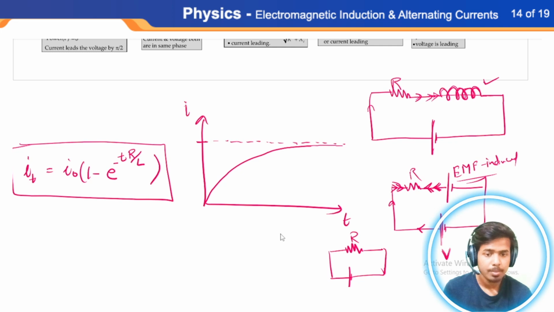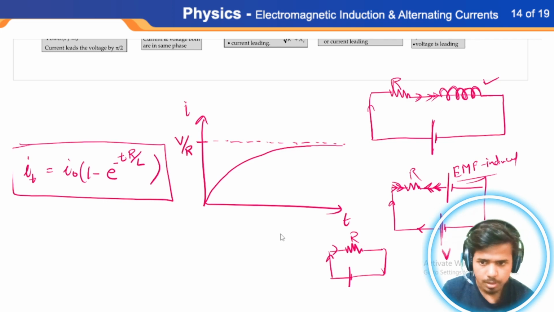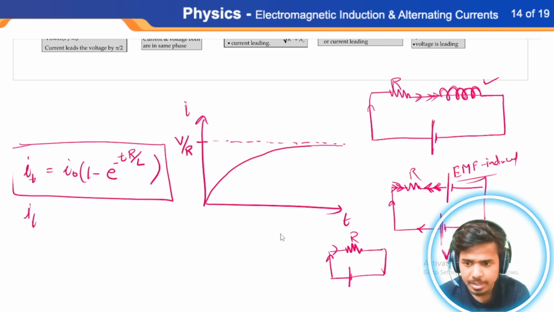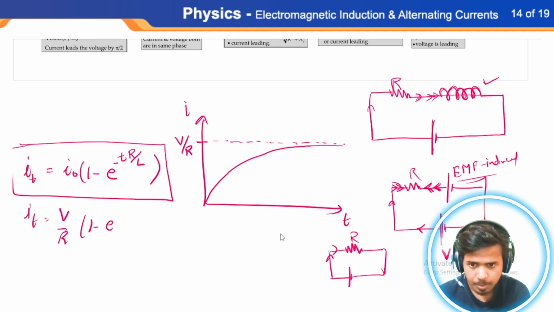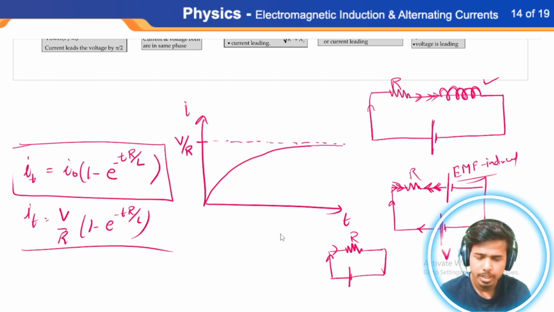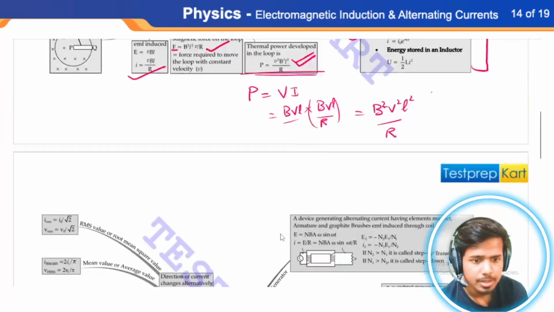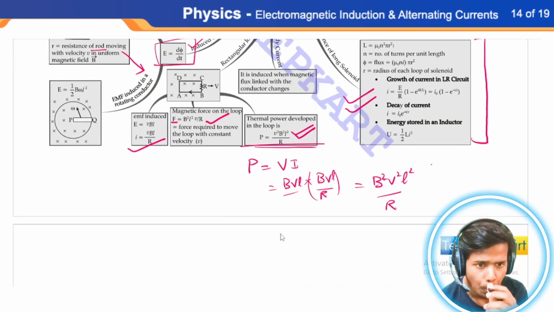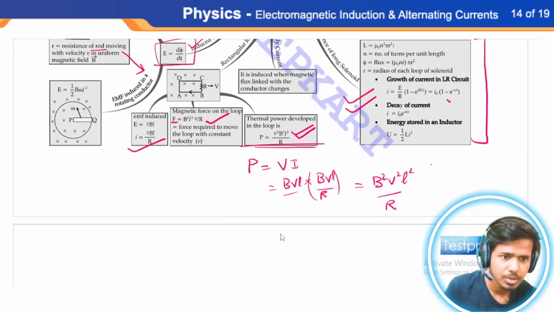This is R. So the maximum current which is flowing now is the same as V by R. So I at time t is equal to V by R times 1 minus e to the power minus tR upon L. Alright. So this is the growth of current. This is the one we are talking about.